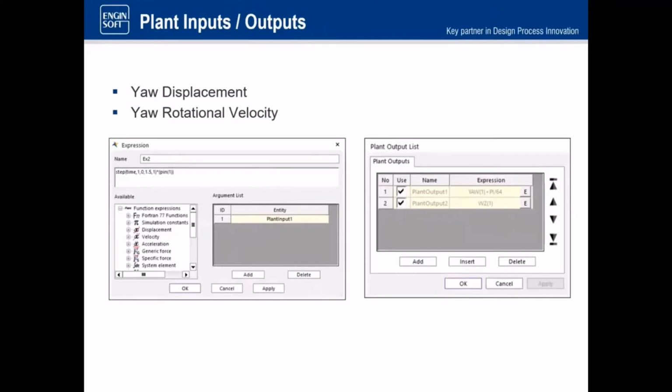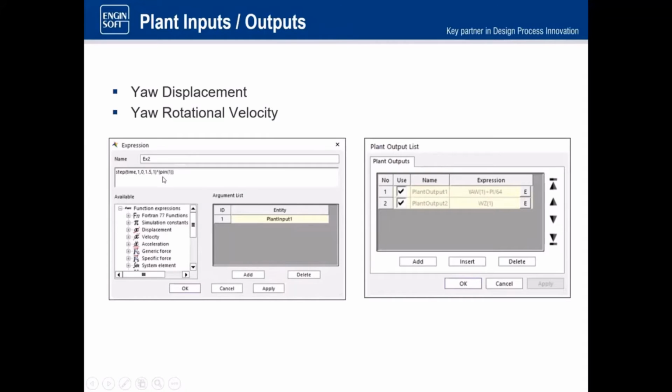And then, this is showing how the inputs and the outputs are used. So in the left dialog box here, when you have a plant input, this is coming from the controller. This is information about the acceleration information. So basically, the plant inputs are numbered, so you just indicate which one you want.